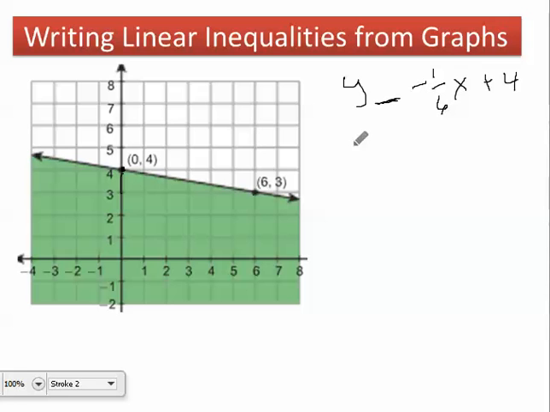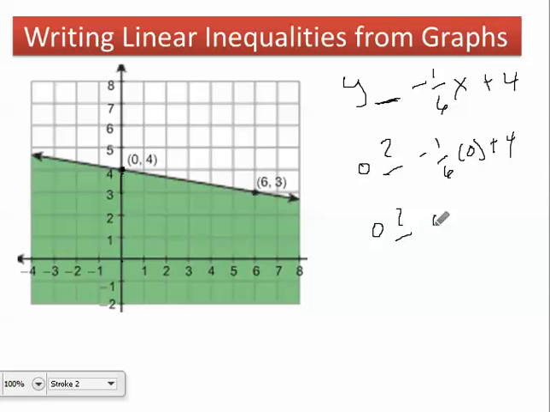I know if I look at this point 0, 0 and put it in here, that's 0 here. And we know it's either going to be a less than or an equal to sign there. I'm just going to put a question mark there. Minus 1/6 times 0 plus 4. And I'm going to get 0, and I don't know what symbol to put in there yet.